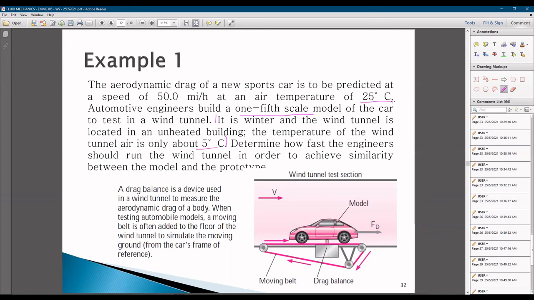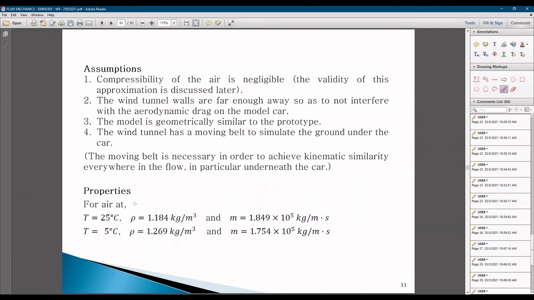So the viscosity and the density of the air are different, and you need to take these two differences into account. So here is the list of assumptions: the properties of air at 25 degrees Celsius, and during testing at 5 degrees Celsius.